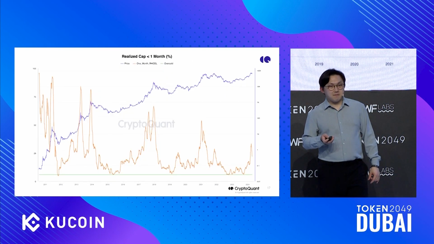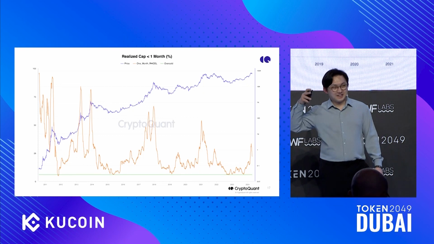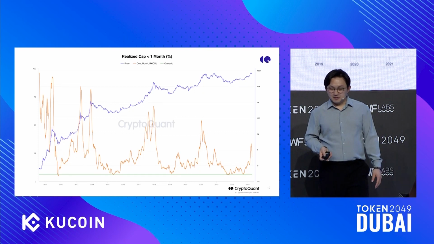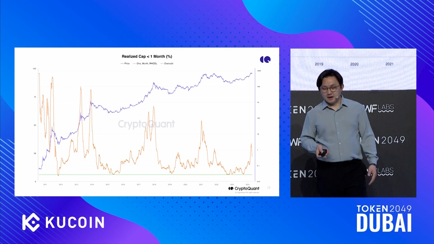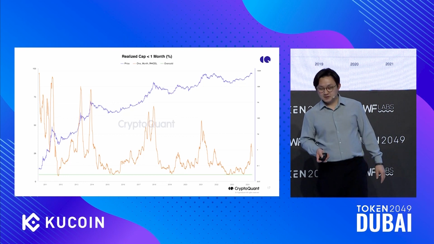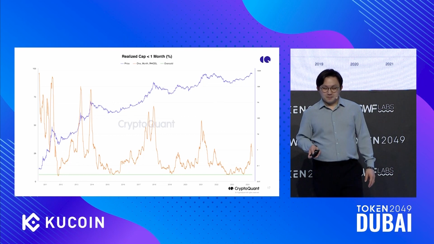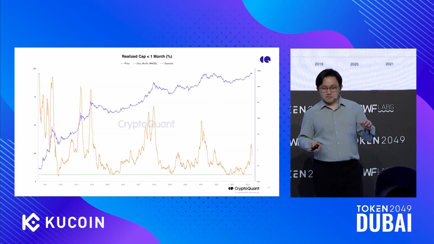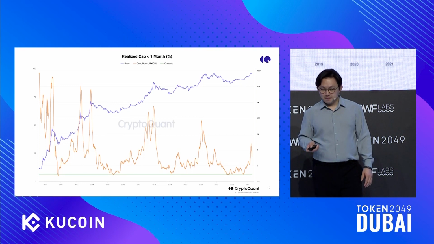This is the realized cap for retail investors, Bitcoin in the age band under 1 month. Obviously retail is now in the market, and we've kind of spiked right now. Maybe this might pause the bull market and we go sideways for a few months. But like I said, in terms of supply and demand, it's too early for those entities to take profit.